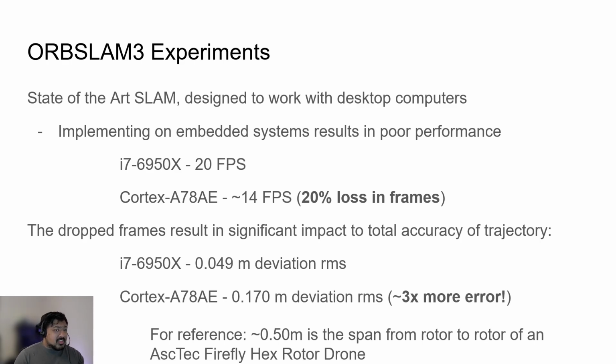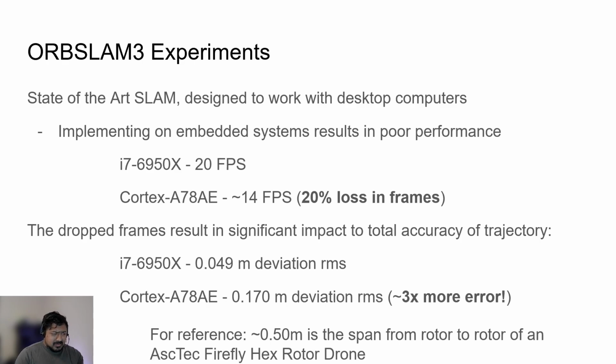It's a state-of-the-art SLAM designed to work with desktop computers. What ends up happening is if you apply this to an embedded system, you get pretty poor performance. We go from the camera producing 20 frames per second to the system consuming 20 frames per second on a desktop machine. Immediately on an embedded system, you lose about 1 in every 5 frames, 20% loss. And these frames end up producing a significant amount of absolute error.